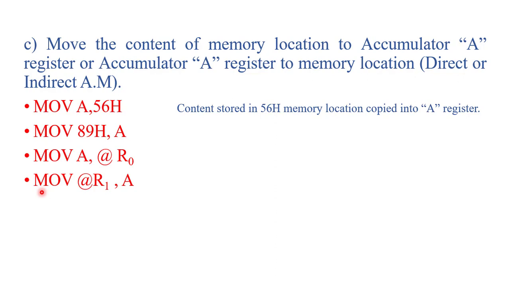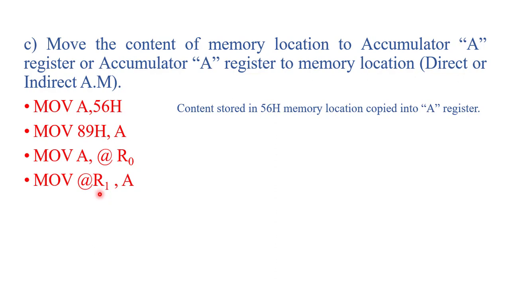Next instruction is MOV @R1, A. This is also the example of indirect addressing mode because @R1 is given in the instruction. This instruction tells that move the content of accumulator register in a particular memory location whose address is given in the R1 register.